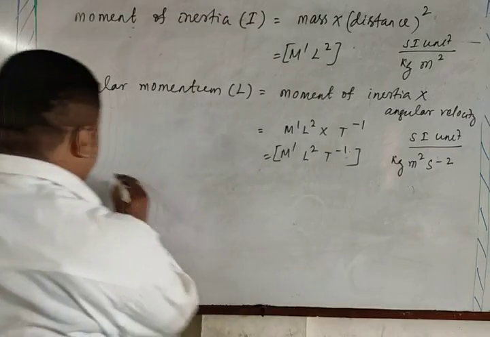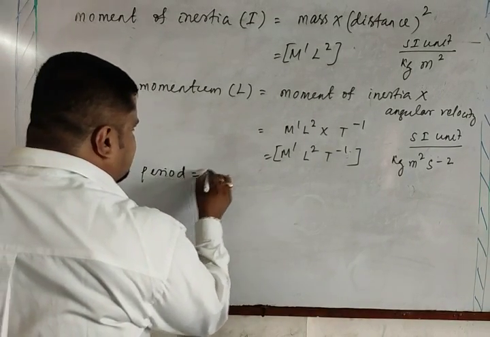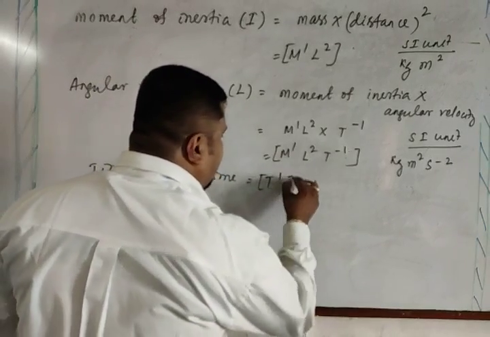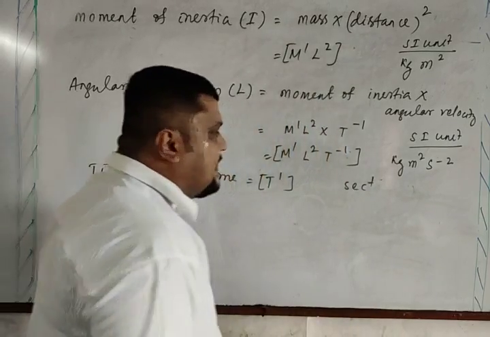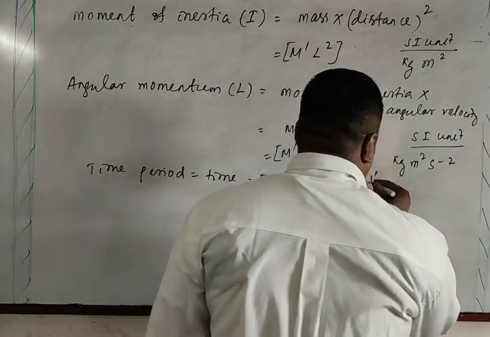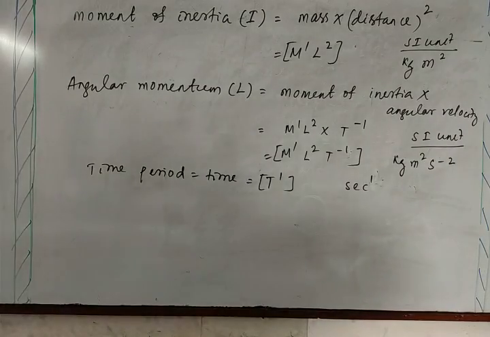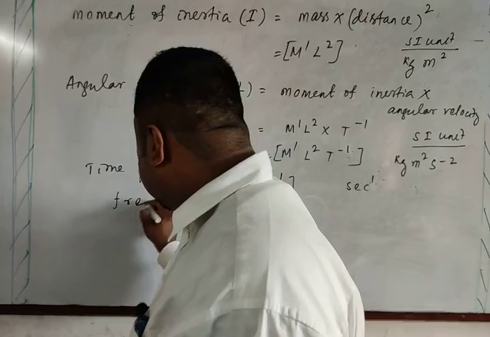So the time period has the same dimension as time. So this is equal to T^1, and the unit is second^1. That is the time period, second^1. Clear? So this is the unit of time period. Similarly, another quantity is your frequency. What is that frequency?